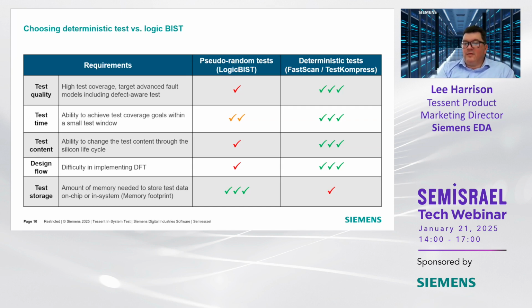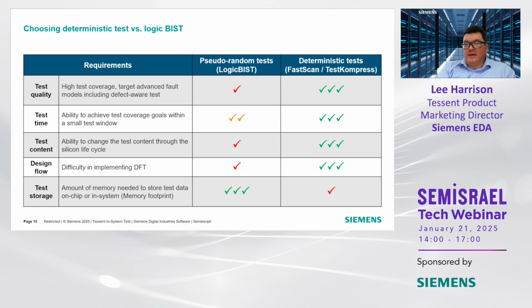And then on the test pattern content, as I said, we've got the ability to fine tune and change the test pattern content during the life cycle of the silicon, whereas logic BIST, being random pattern generation, is very fixed and is not easy to change and update. So having that flexibility to be able to change and fine tune the test pattern quality really, really helps.